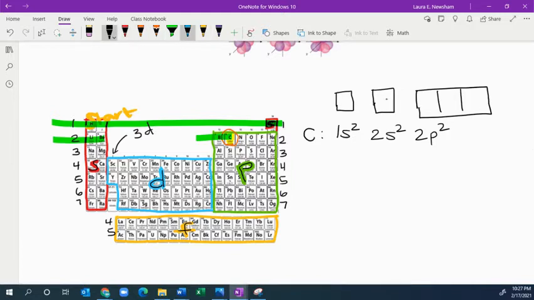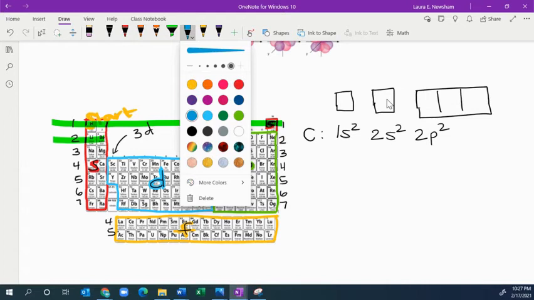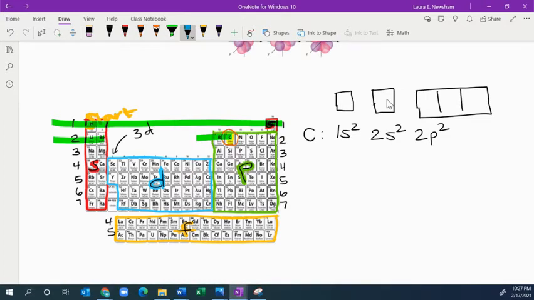Okay, so I have these 2 electrons, and so I'm going to start on my lowest energy level first, and I'm going to show opposite spin by drawing my arrows going opposite directions. So remember that one rule that says the electrons must spin opposite directions? I'm going to show that by doing an up arrow and a down arrow.